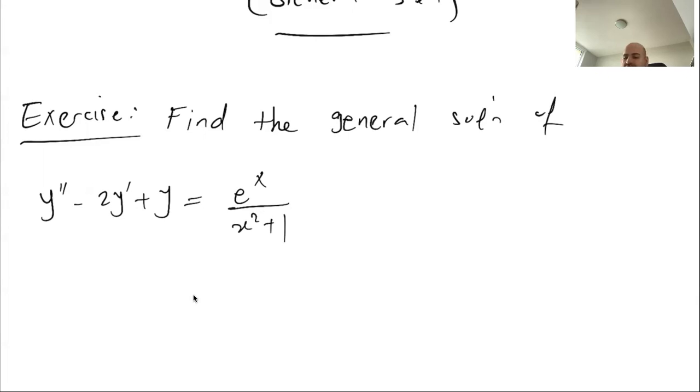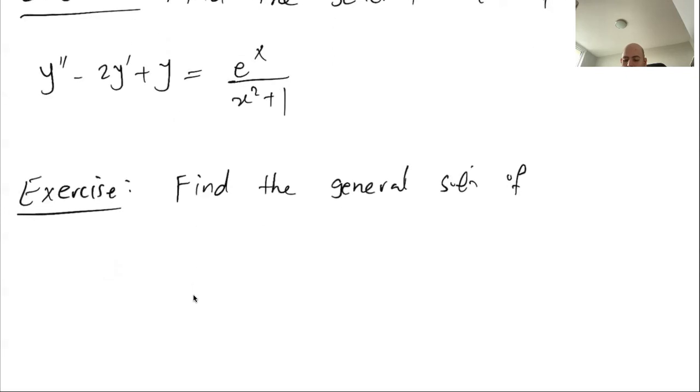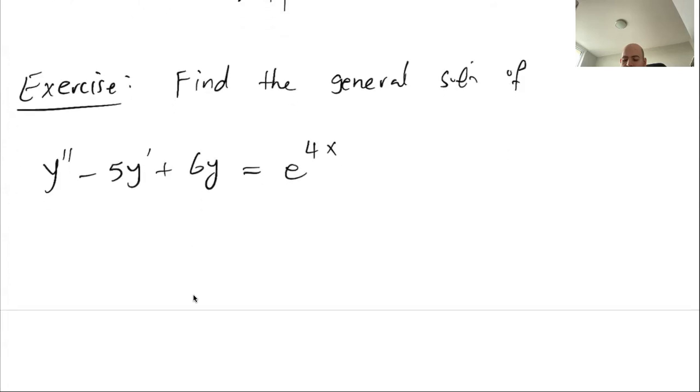Now the next exercise, find the general solution of this equation, y double prime minus 5y prime plus 6y equals e to power 4x.